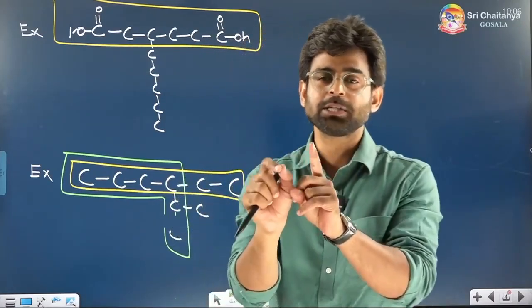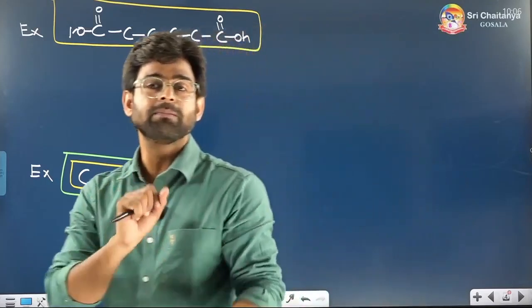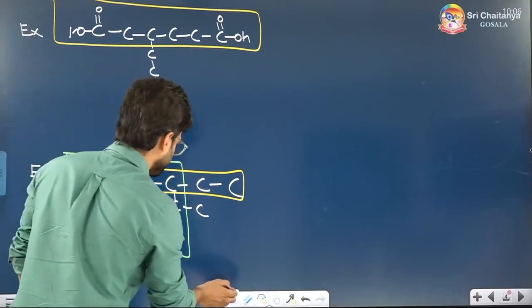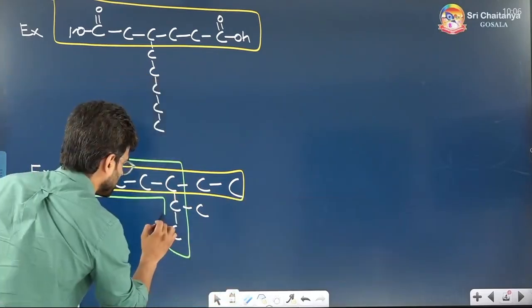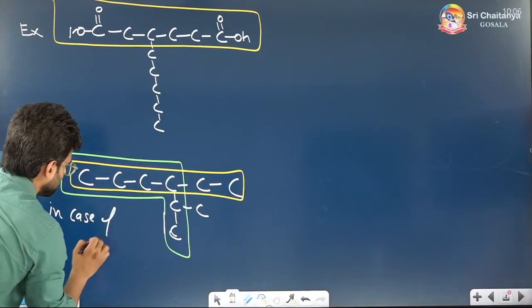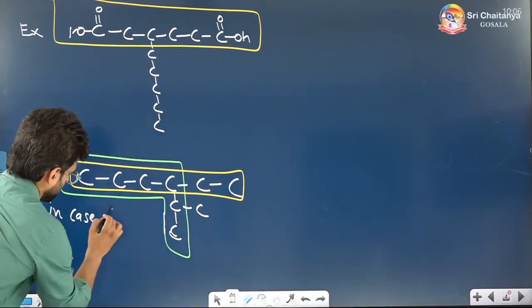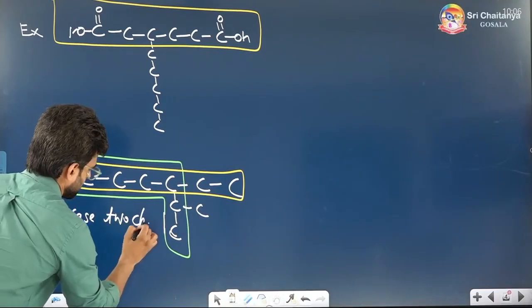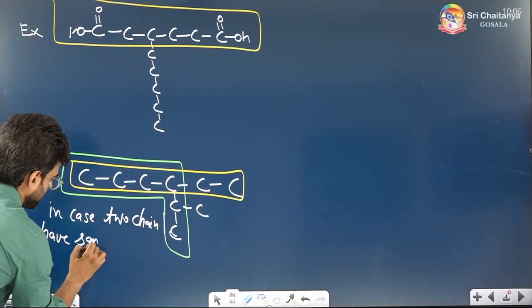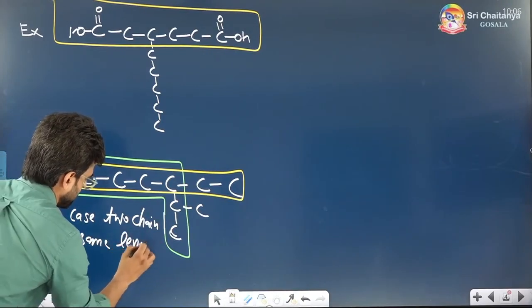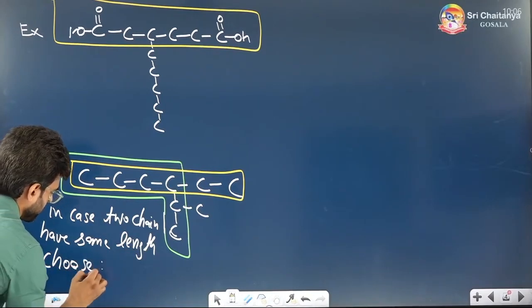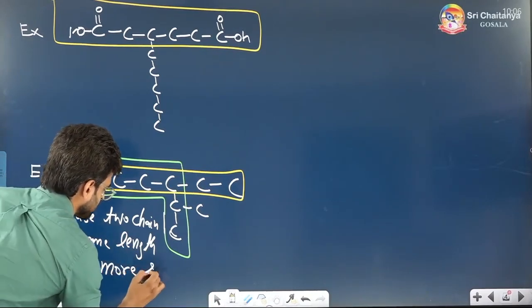Take the one which has more substituents. Clear? I am writing here: in case two chains have the same length, choose the more substituted one.